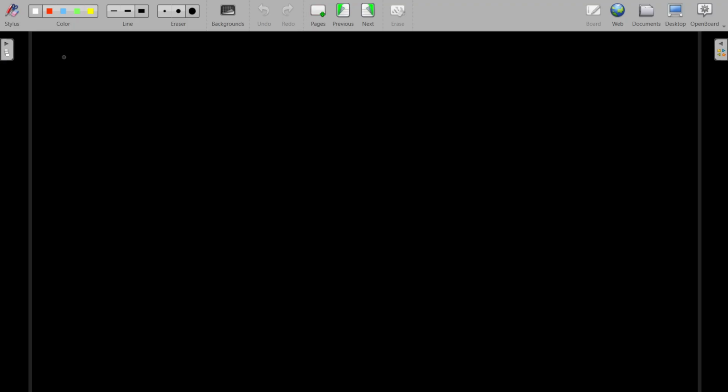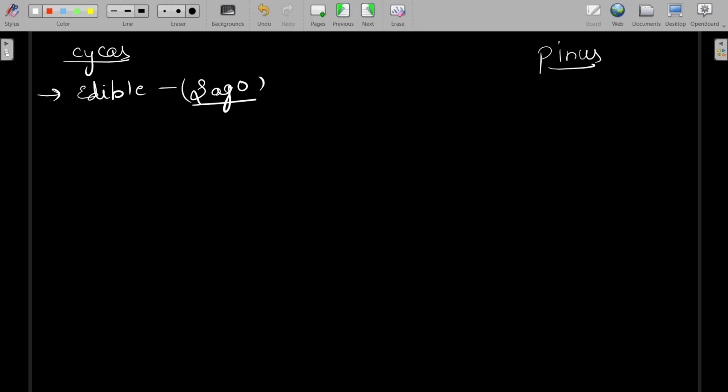In cycas, starch is stored in the cortical cells, and that starch is edible. It is called sago. Coming to pinus, it has no reserve material, and pinus wood is used in construction.